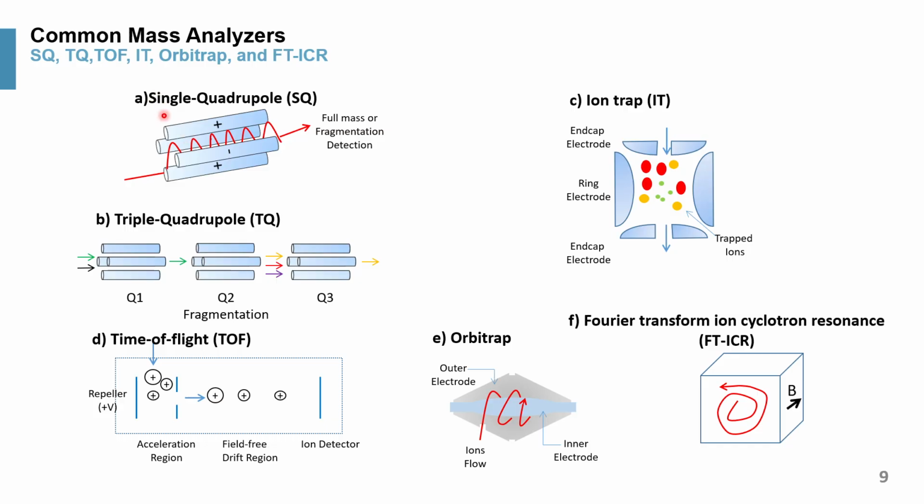Most common is a single quadrupole, and then you have the ion trap, which can fragment ions, and a triple quad where you have three quadrupoles lined up together. The middle one is really not a quadrupole; it's kind of a collision chamber. This is actually the gold standard for trace assays, quantification. Triple quads are becoming quite important.